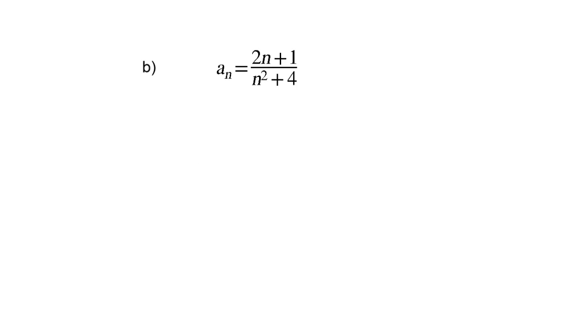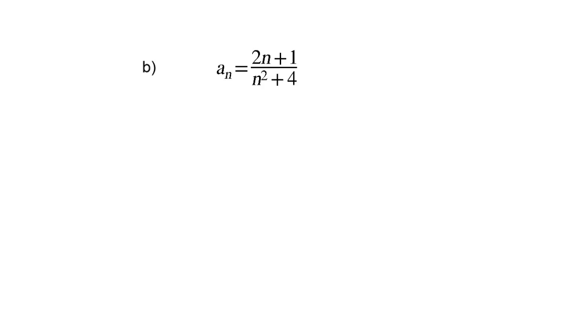Now, this one is a little bit trickier, and you're going to use the rationalization method to come up with the answer. So pause the video and work out the limit of this function as n approaches infinity using the rationalization method. So, what did you choose to multiply both the numerator and the denominator by?